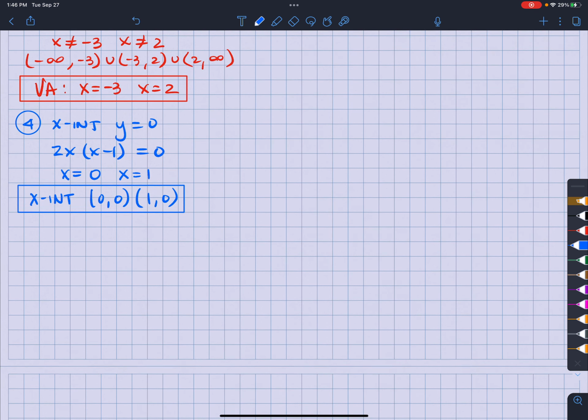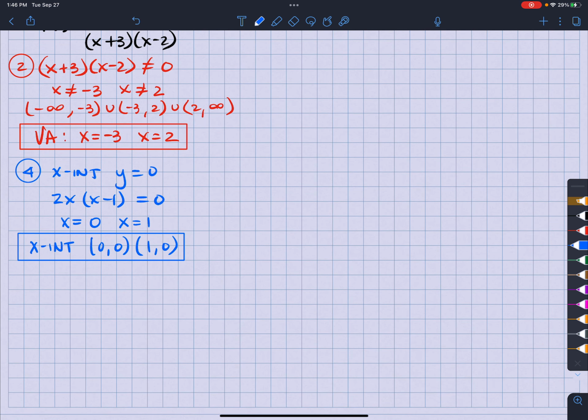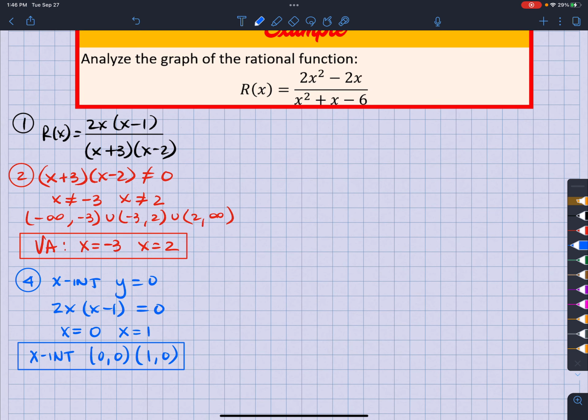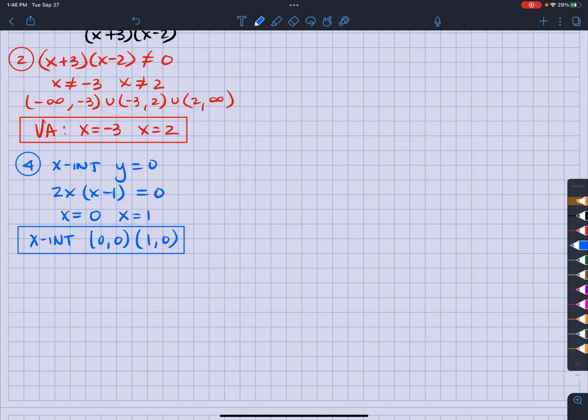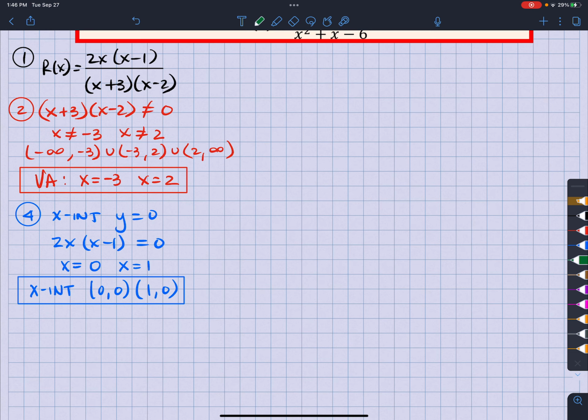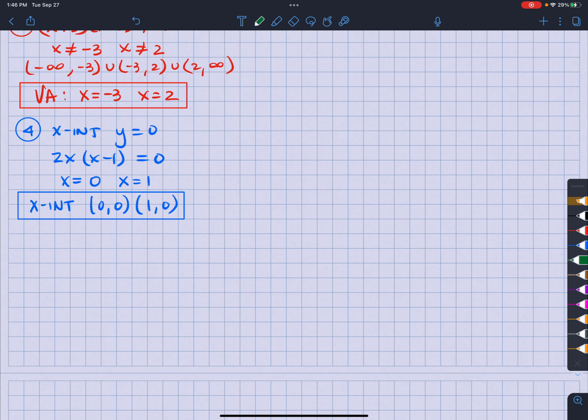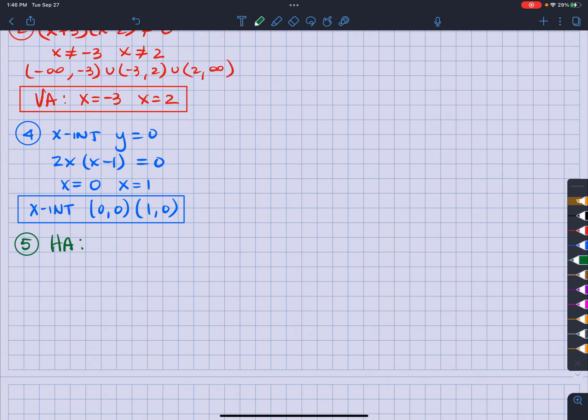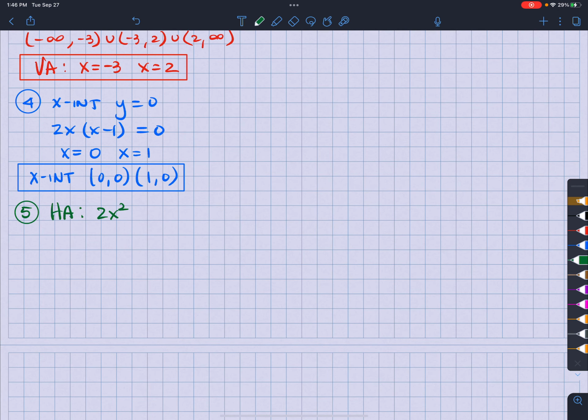All right, step 5, asymptotes. Horizontal asymptote. I have to compare the largest power on top, which is 2x squared, over x squared.